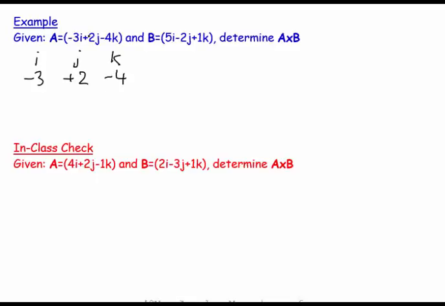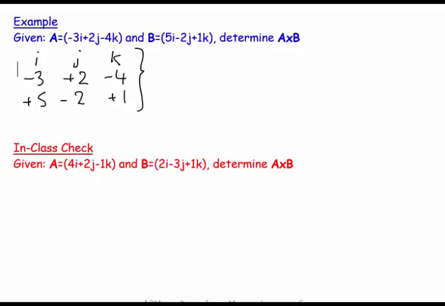So I put down my coefficients in order. And then for vector B, B goes underneath, so it's going to be plus 5, a minus 2, and a plus 1. So there's my grid, and I'm going to use that to find my I, J, and K term.